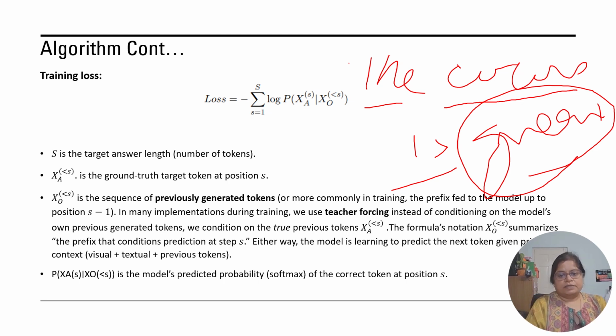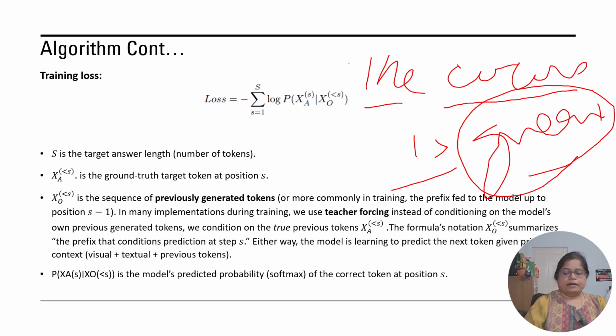The model prediction probability of the correct token at position S, given the S minus 1 tokens available, compared with the ground truth, the difference between them is what we call the loss.